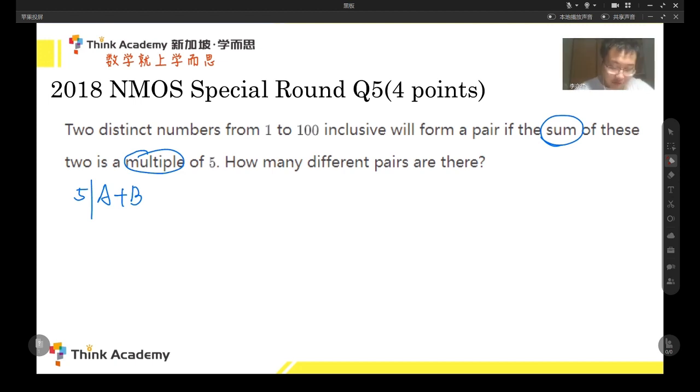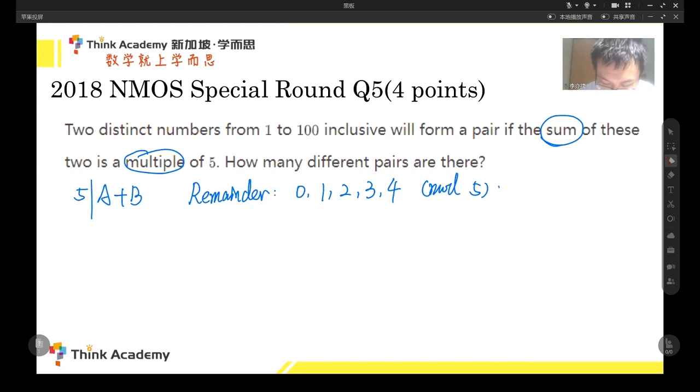So for a natural number when divided by 5, the remainder has 5 different conditions. We can have 1, 2, 3, 4, and 0 when divided by 5, right? So we can classify all the numbers into 5 groups.